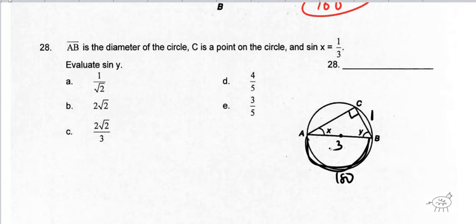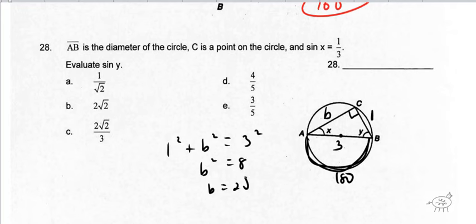Okay? And basically, you can use a little Pythagorean theorem here, and this value here, we'll call this little b. So a squared plus b squared, so it's 1 squared plus b squared equals 3 squared. So b squared equals 9 minus 1 is 8.